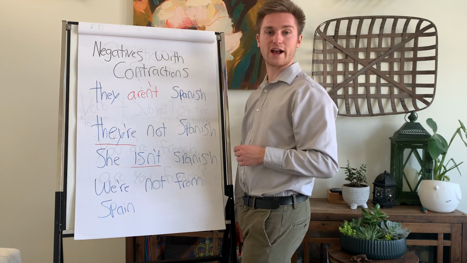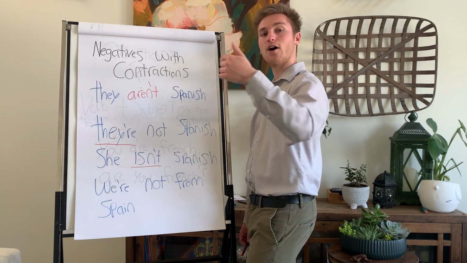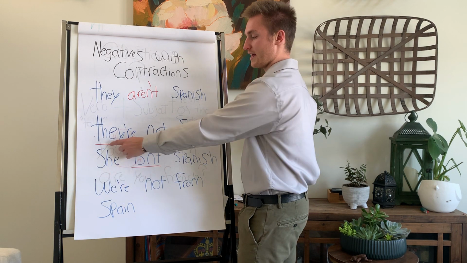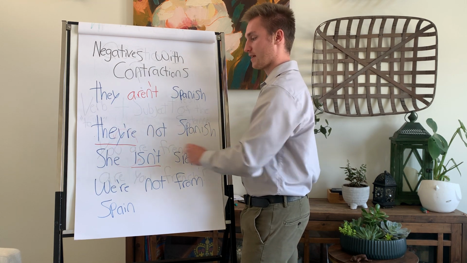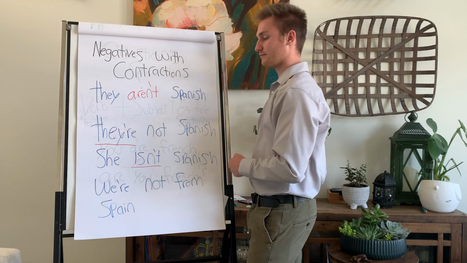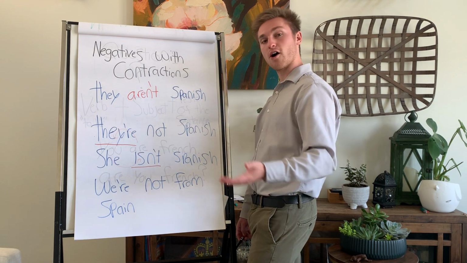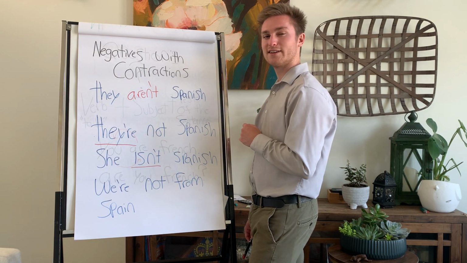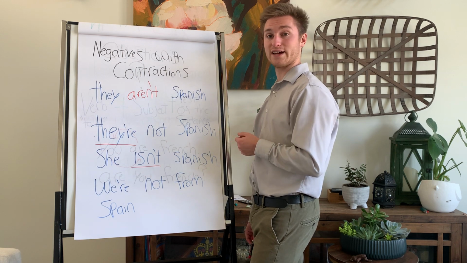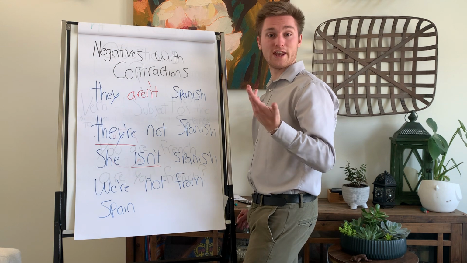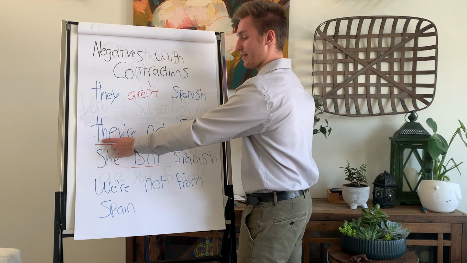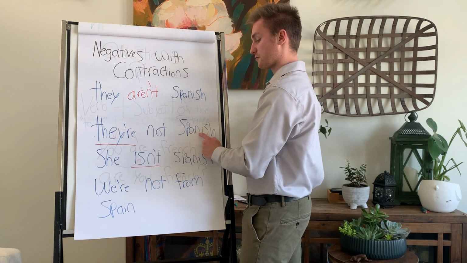They're is a contraction of they are. They are not Spanish. This one was not on the last page, so don't worry if you don't recognize it. I just thought I should include another good example. They're not Spanish.